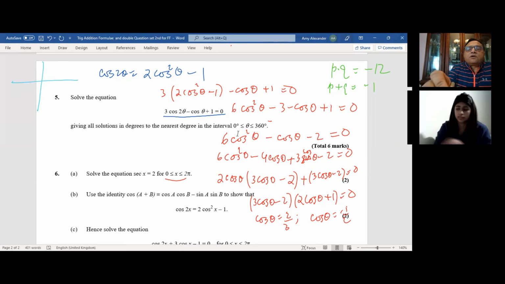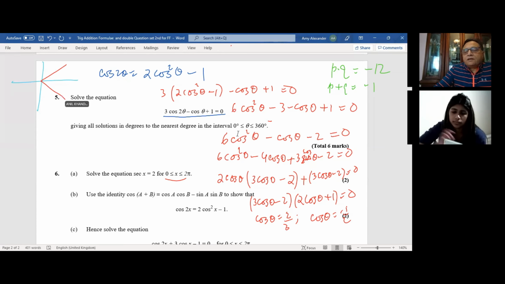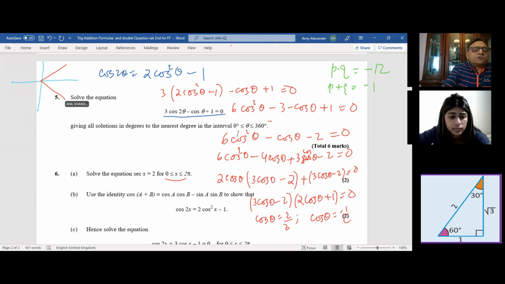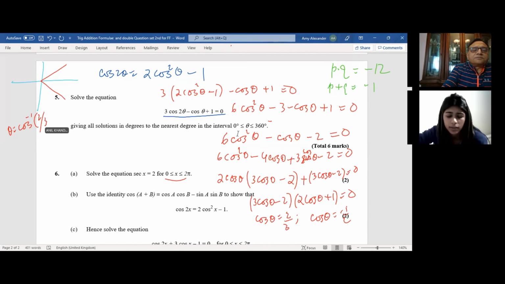So let's look into this first solution, which is positive 2 over 3. That means for cosine, you're looking into these 2 answers, right? So you can say theta equals cos inverse 2 over 3. What do you get in degrees? 48.189. Yeah, 48.2.